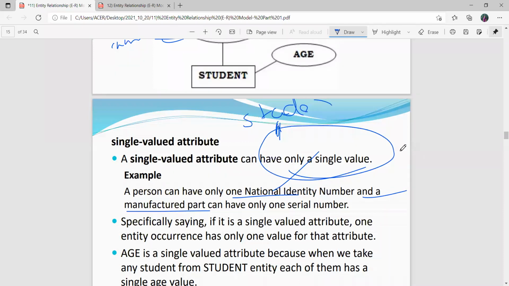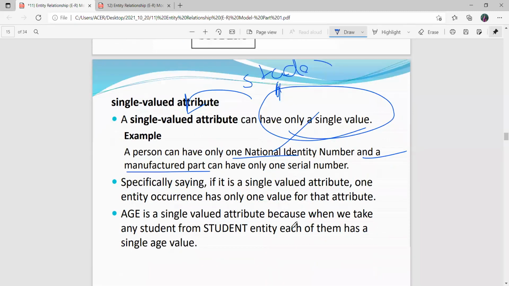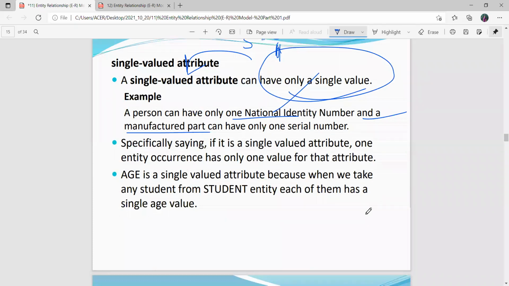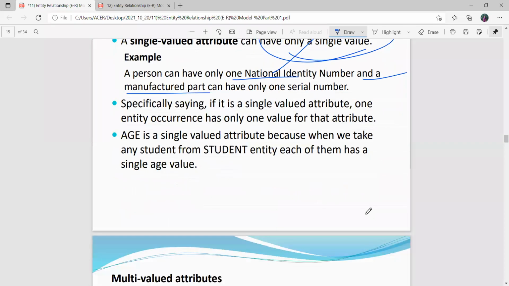So the attribute which can have only one value is known as a single valued attribute. Age is also a single valued attribute, because each student in the student entity has a single value. Can you have two values for age? No. So it belongs to single valued attributes.